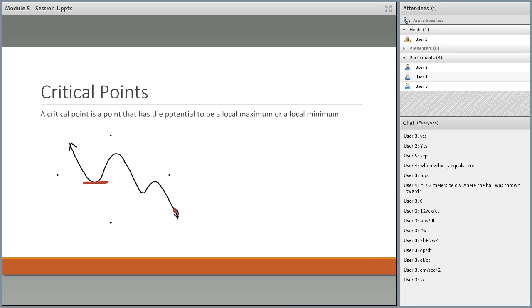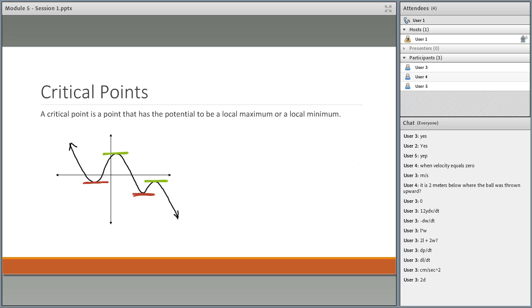But it's a local minimum because it's the lowest point of all the points around it. We also have a local minimum here. And then we have a local maximum here and a local maximum here.